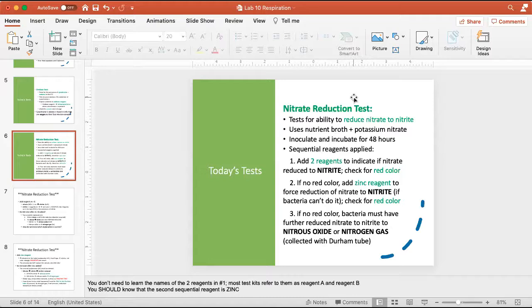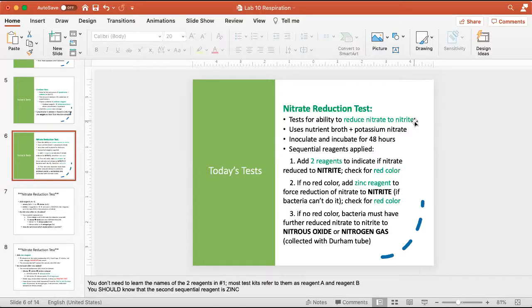This test has several steps to it. So you have to know not only what the steps are to the test, but you also need to know how to interpret each step. So basically what this test is doing is testing for the ability of this microbe to reduce nitrate to nitrite.